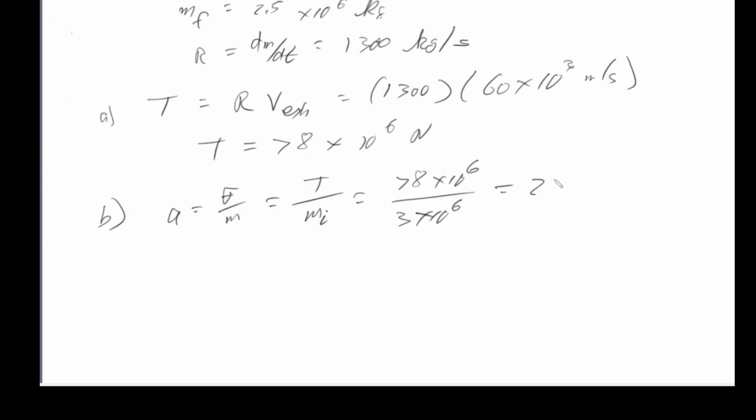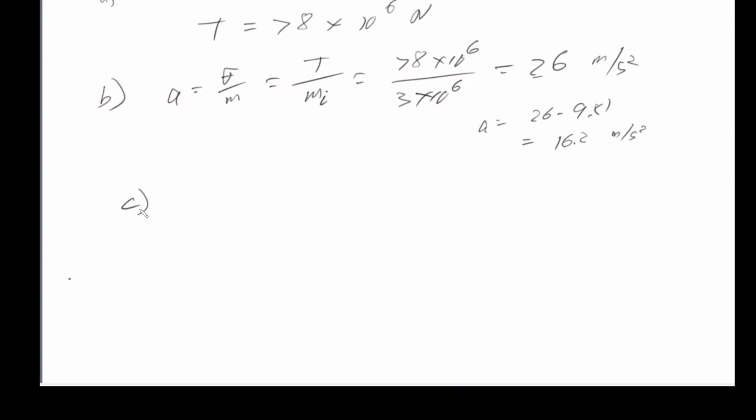That's equal to 26 meters per second squared. Now that's in space. If this rocket was lifting off, we would have to take into account the g-force, so the acceleration would then be 26 minus 9.81, which would be 16.2 meters per second squared during liftoff, because it's feeling the effect of gravity from Earth.